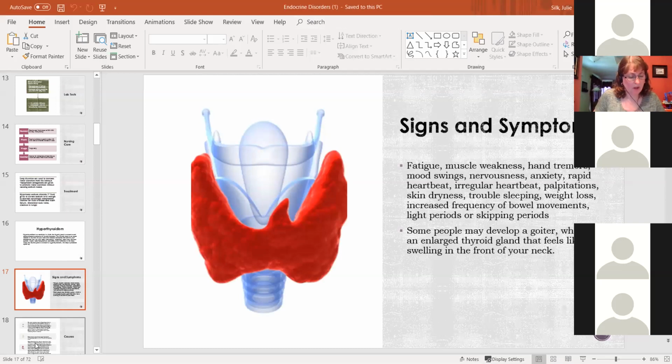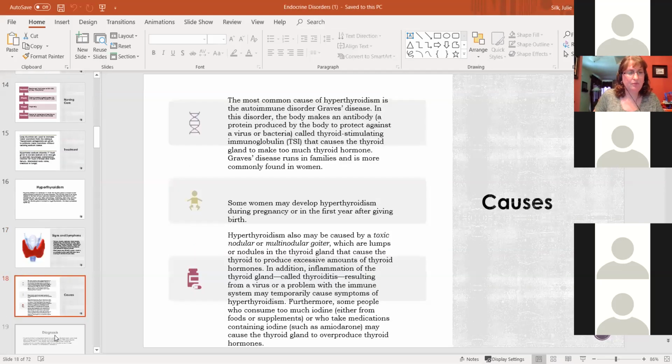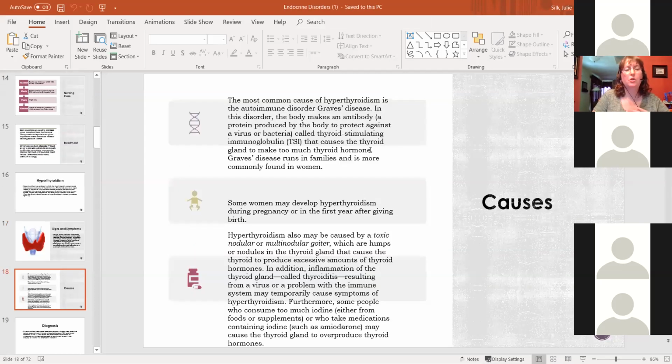Now I'm going to tell you about some of the causes. The most common cause of hyperthyroidism is Graves' disease. Graves' disease is a disorder where your body makes an antibody called thyroid-stimulating immunoglobulin that causes the thyroid gland to make thyroid hormones.